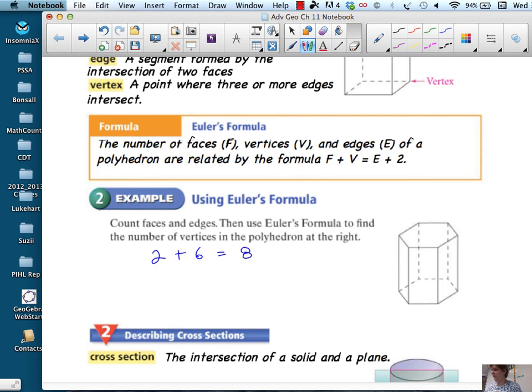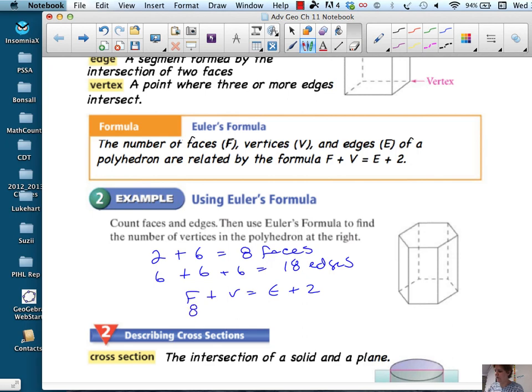And if I want to count the edges, I have 6 on the top and 6 on the bottom. But I also have 6 along the outside, so that's going to give me 18 edges. Which means if I take the faces plus the vertices, I get the edges plus 2.